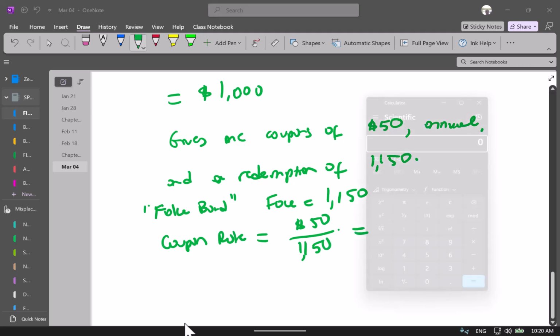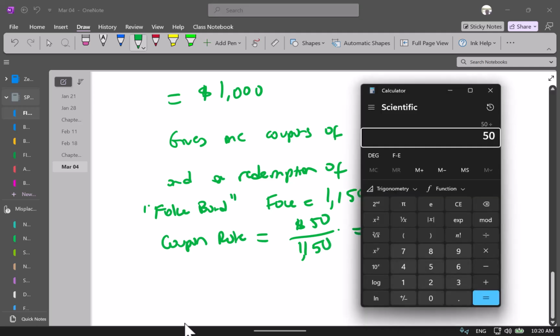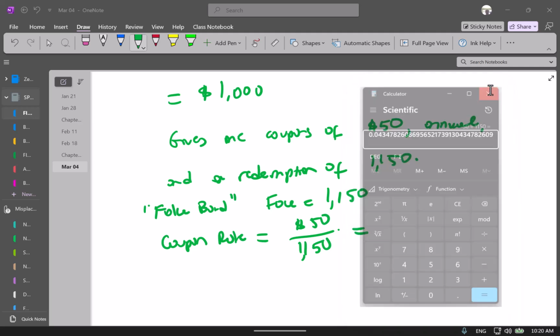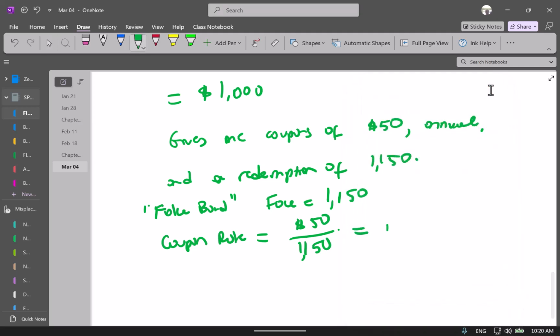So let's calculate that. 4.3478. We could do it more exact, but a bond with a face value of 1150 and a coupon rate of 4.3478% is exactly the same cash flow as that bond that is to be called, right?